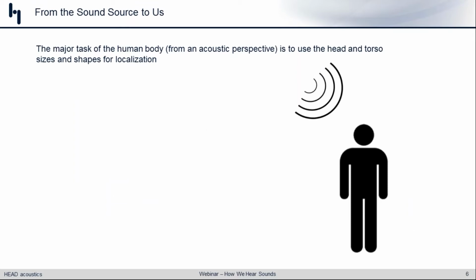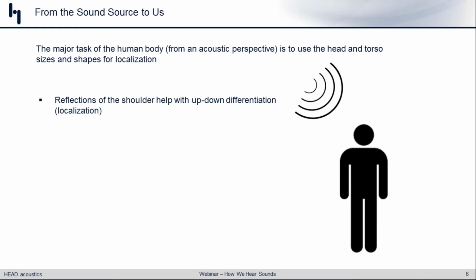Now, let's go one step further here, because as the sound actually travels to us and starts interacting with us, we have to look at the human body from an acoustic perspective. Obviously, our body serves many purposes, but from an acoustic perspective, there's a lot of interaction, and we use those interactions innately to help us identify and localize sound.